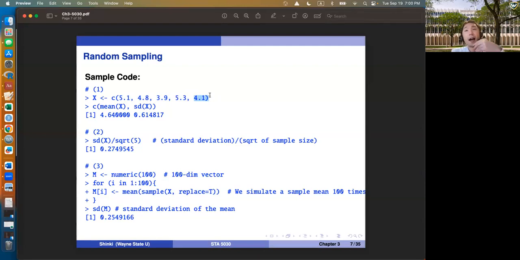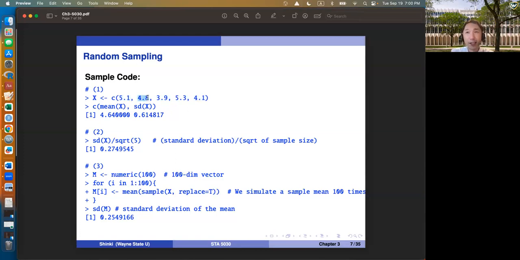We have allowed replacement, so some of the observations can be repeated twice or more, and some may not appear. But anyway, we take 5 observations from this with replacement. That is a kind of simulating new observations, right? We have these 5 observations, so in the population we can guess that about 20% of the observations are around 5.1, another 20% are 4.8.